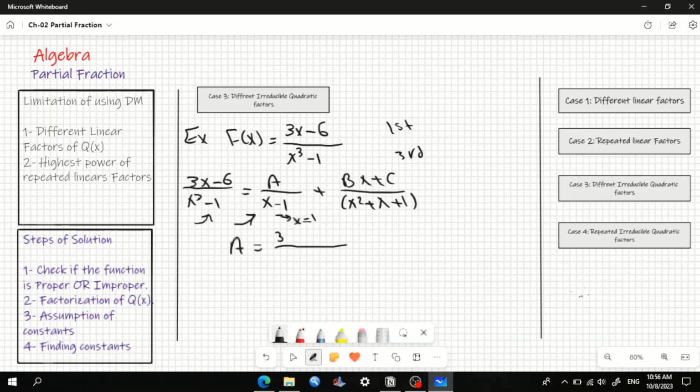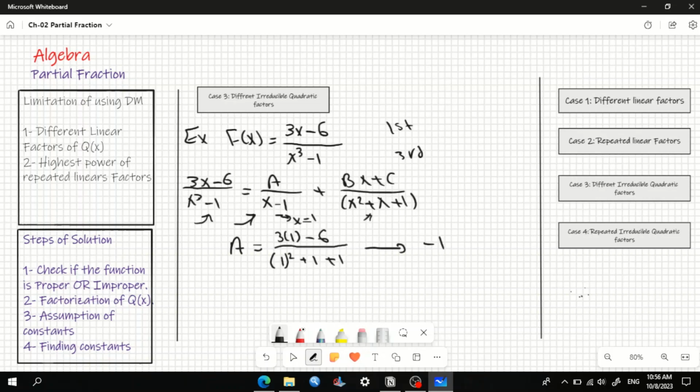So we have 3 minus 6 by, here we have this bracket squared, 1 plus 1 plus 1. So a here will be equal to -1.